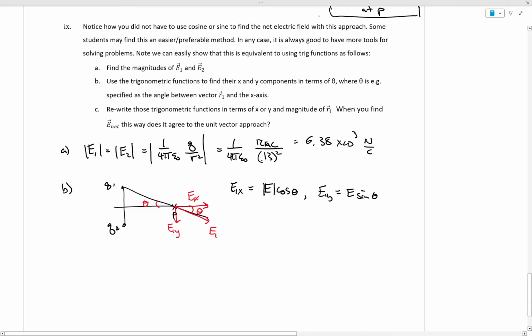And actually this would be negative. And we would follow the same reasoning. The cosine pieces we're going to see would cancel. The sine pieces would add.